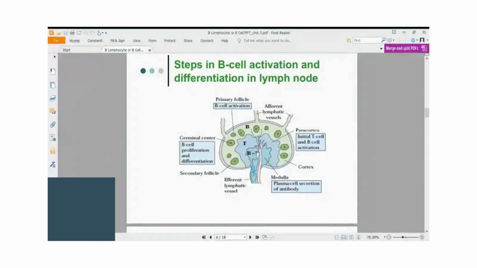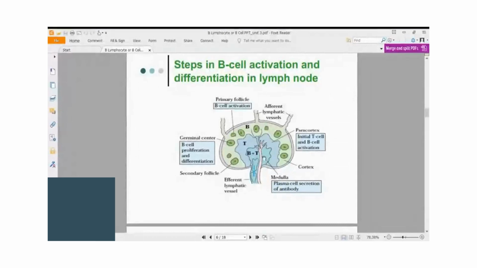Then comes the medulla area. The medulla area is sparsely populated by T lymphocytes, whereas it is the B lymphocytes that are more in number in the medulla area, but they are not B lymphocytes anymore. They are called plasma cells.